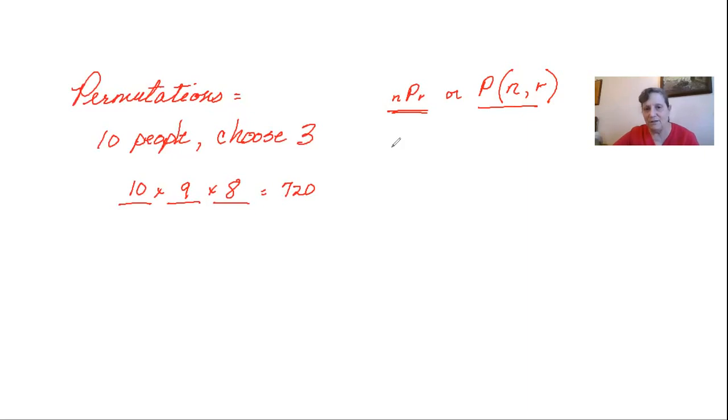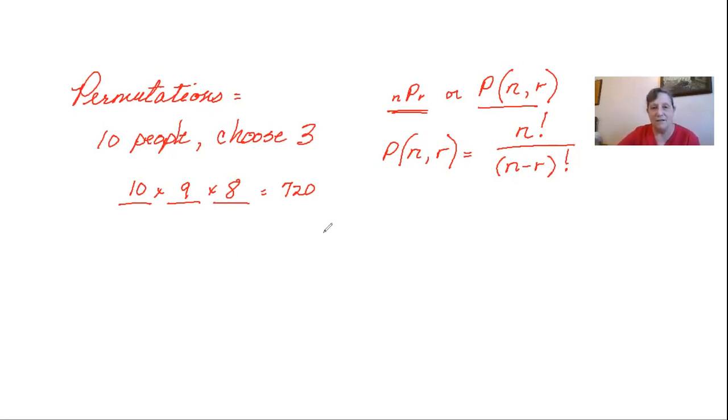the formula to find the permutation of choosing r objects out of a group of 10 is that it's going to be n factorial divided by n minus r factorial, not r factorial, n minus r factorial.